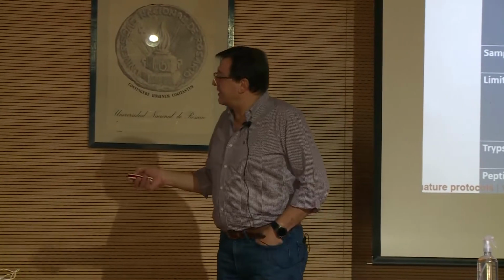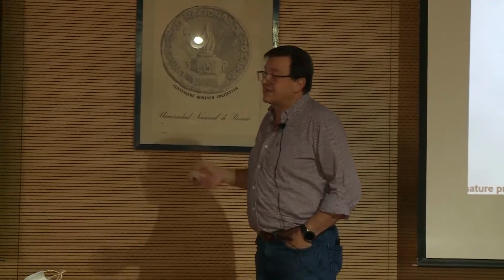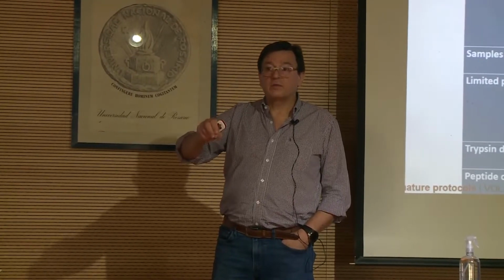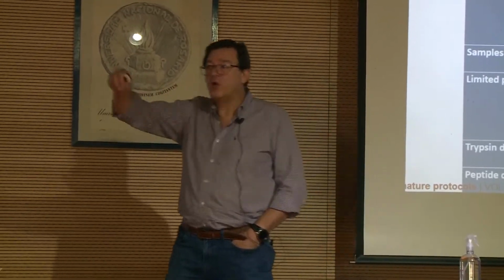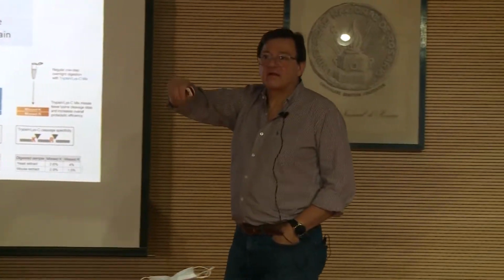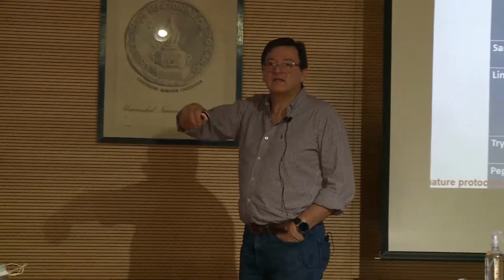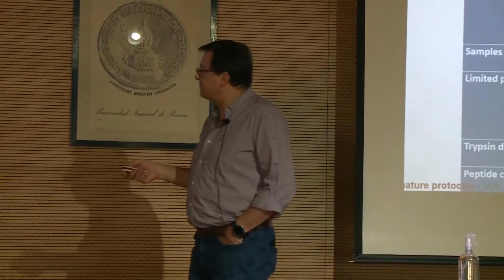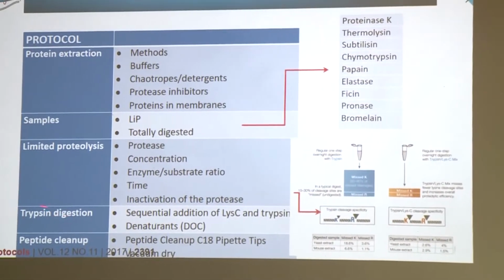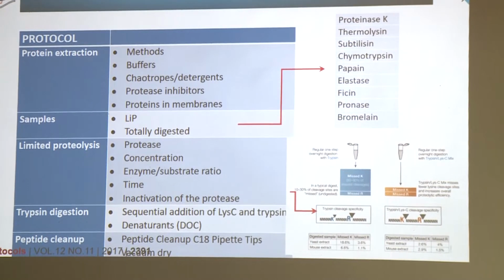So in the case of proteinase K, thermal inactivation is possible, but you have to be sure that you have a good content of your sample with the bath of 95 degrees that is used to inactivate the protease. And then you have a trypsin digestion.